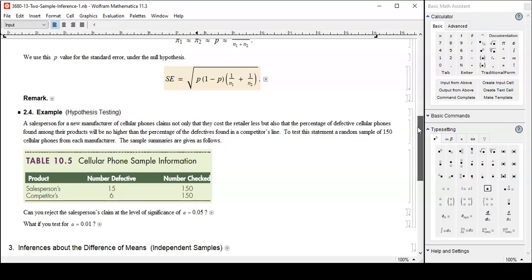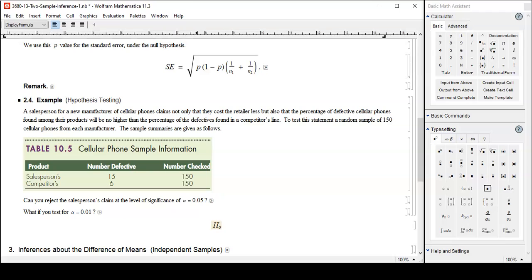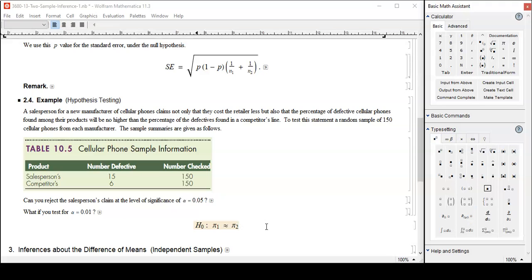The null hypothesis, of course, is no difference. So basically, under the null hypothesis, the first proportion and the second proportion are more or less the same.